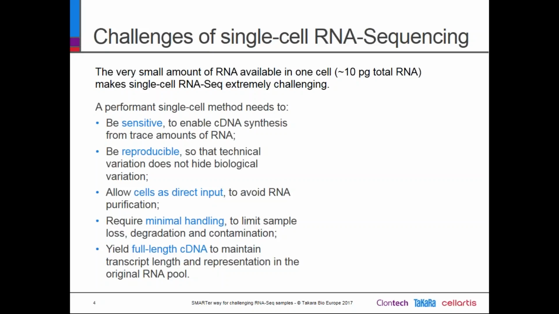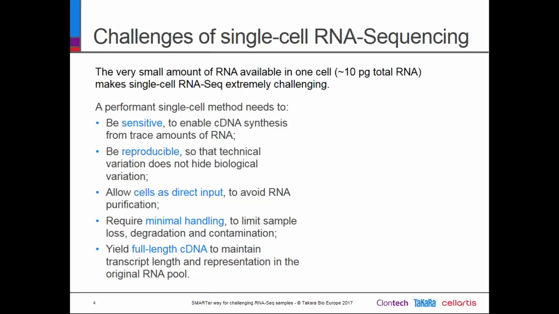So if we want to do single-cell RNA sequencing, we need an extremely performant method that first needs to be sensitive, to be able to do cDNA synthesis from this extremely tiny amount of RNA.